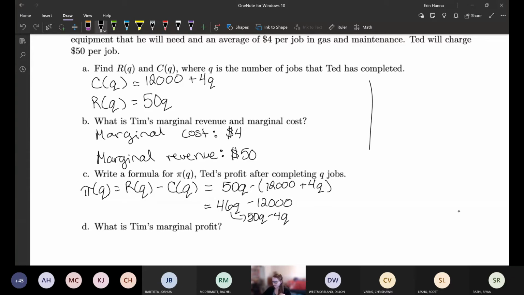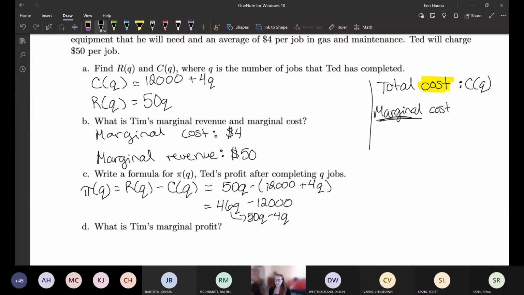If you're asked for total cost, or they might not even say the word total, they sometimes just say cost, this is going to be referring to C of Q. They will have to say marginal cost if they want the marginal.